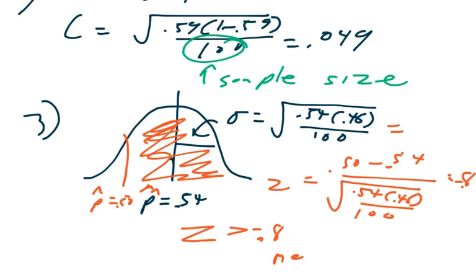The mean is 0 and the standard deviation is 1 because we have the z-score. Which gives me a percentage of 0.788.